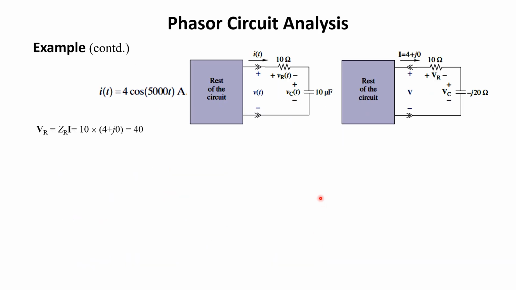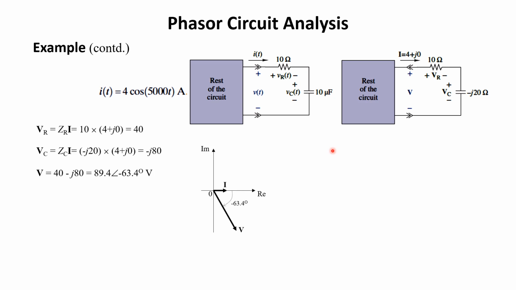Again, it is the same circuit. I have just reproduced it, but here I want to show the graphical representation of the voltage across resistance, voltage across capacitance, current, and the impedances.